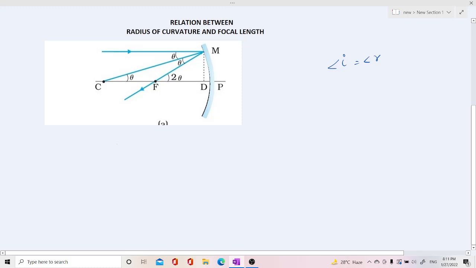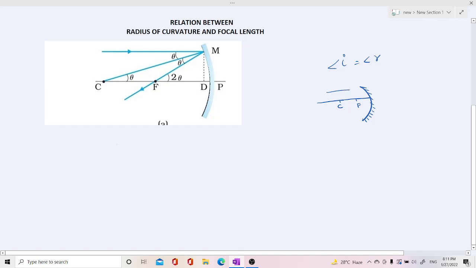Here you can see, if we connect the center of curvature and the middle portion of this concave mirror, we can shade the backside of the mirror, and this is the reflecting surface. This is the principal axis which connects the center of curvature and the focus.